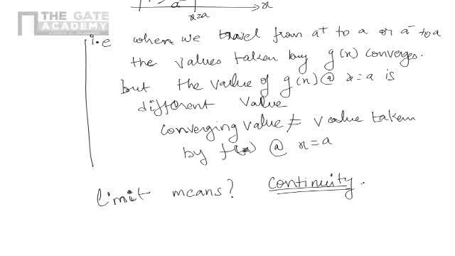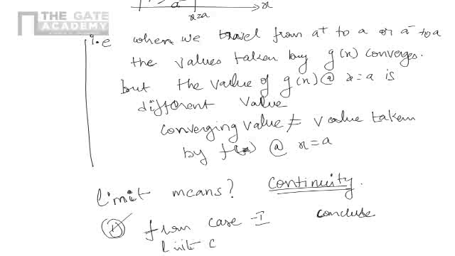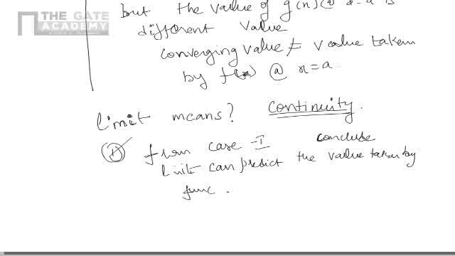So first, from case 1, we conclude the limit can predict the value taken by the function only when the right and left values converge.